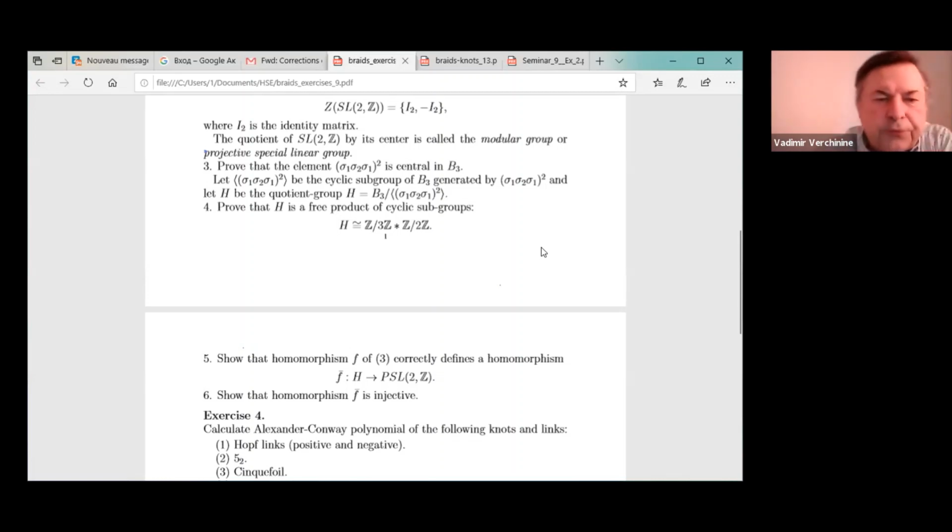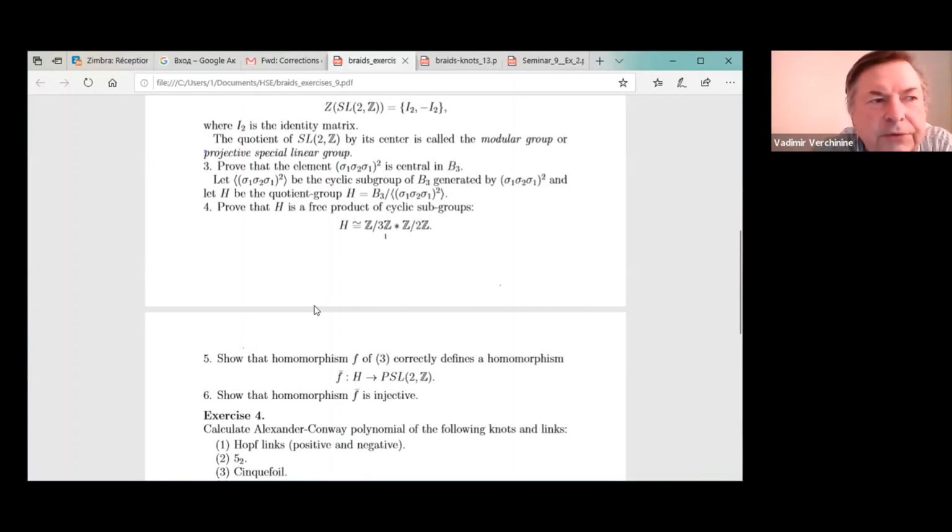What is a proof, from my point of view, is the following. It's a little bit boring, but in the same way we were considering the free group.